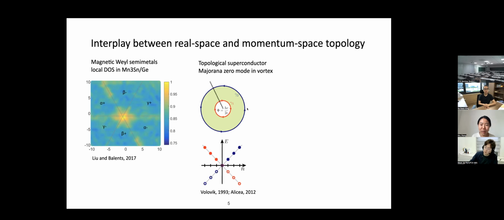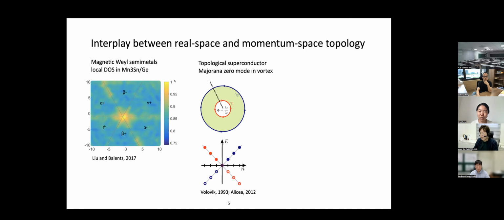Second example can be the topological superconductor. It is topological also due to electronic band structures, where you have 2 degenerate ground states that are equivalent and protected by topology.